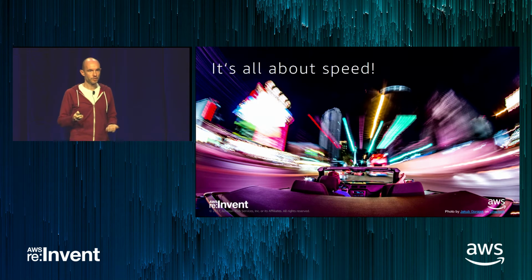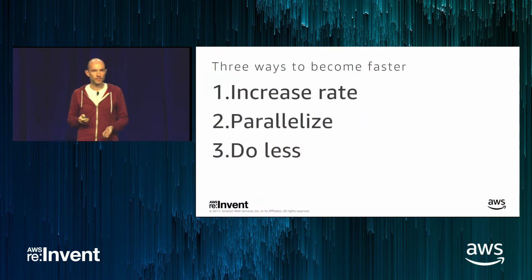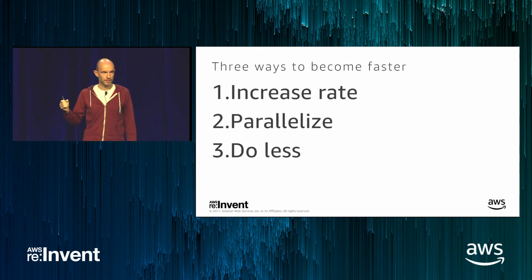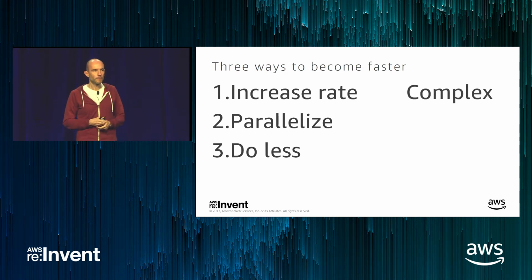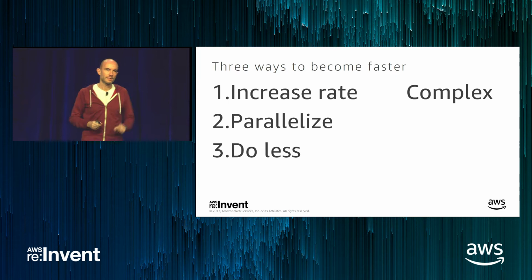Now, how do you get to speed? How do you improve your speed? There are really three strategies you can follow. One of them is you can increase the rate at which you're running your transactions and minimize the time each transaction takes. That can become really complex. There's only so much you can optimize out of your application. You can go really down into the nitty-gritty details of your app, trying to increase the rate, but at some level it becomes really complex.